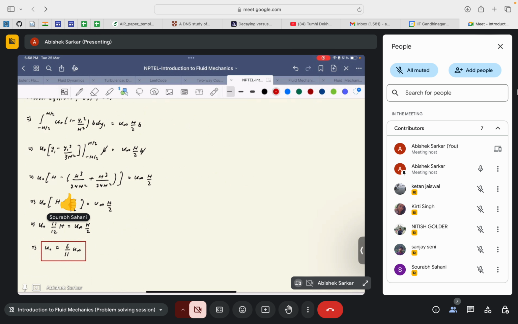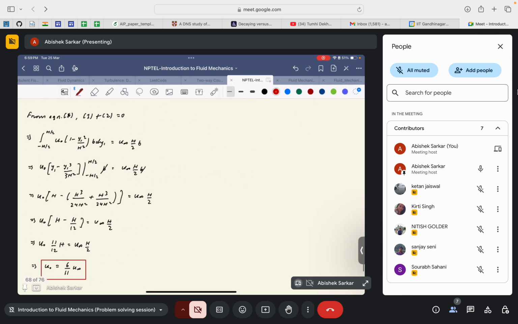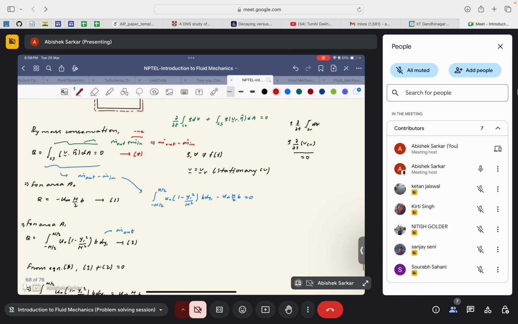Yeah, so I was mentioning the type of problems. Most of the problems where you need to apply mass conservation, or let me say it another way: if the problem in hand involves finding an expression for velocity or for mass flow rate, then you should essentially apply the mass conservation equation.